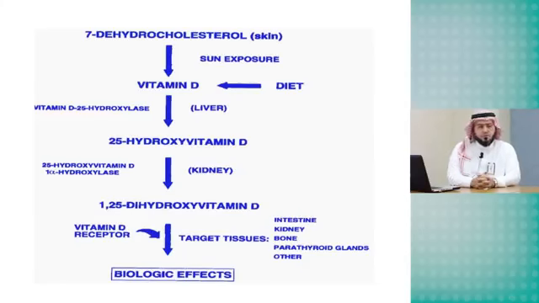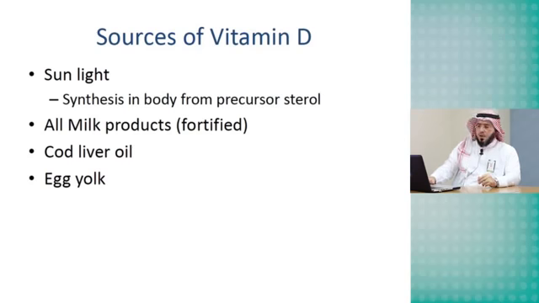So if we have a problem with vitamin D itself, or we have a problem with the metabolism of vitamin D, or we have a problem with vitamin D receptors, all these can lead to rickets in children or osteomalacia in adults. Let's see what are the sources of vitamin D. As we mentioned before, we have an endogenous source from our dermis.